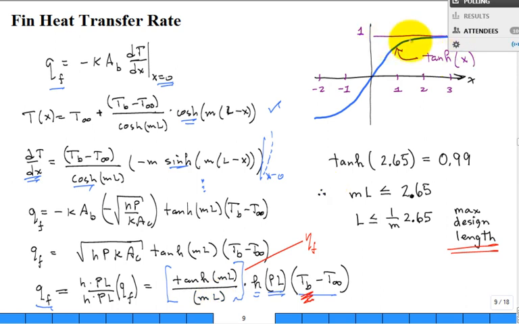That hyperbolic tangent maxes out at 1. If you come out to about 2.65, it's 99% of 1, 0.99, close enough to 1. We would call that approximately 1 at an ml of 2.65. So don't take a physical length longer than 2.65 divided by the fin parameter m. Definitely don't. Most of them are well below that. Let's continue on.